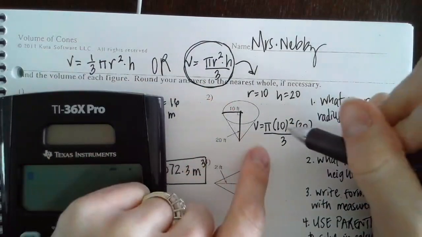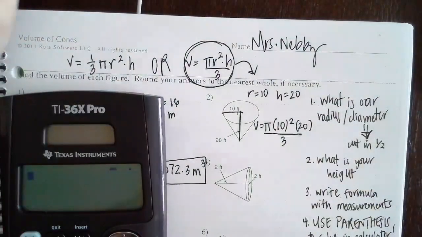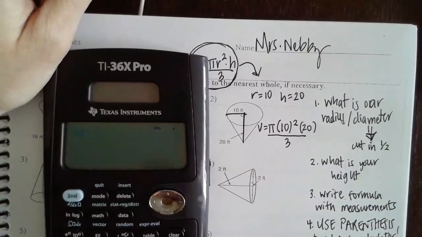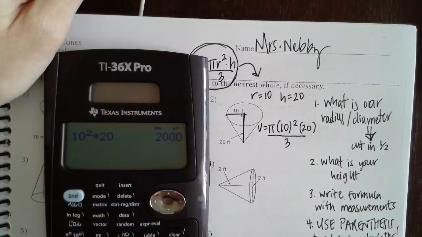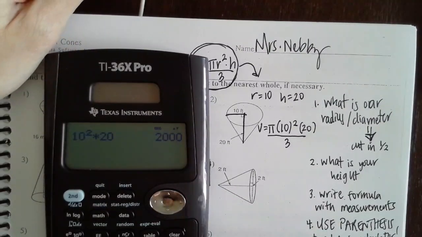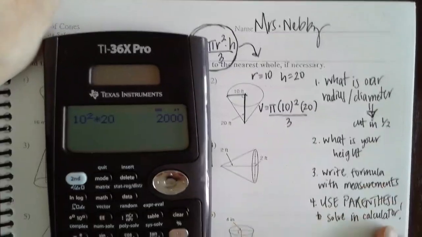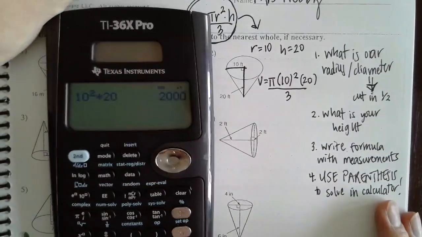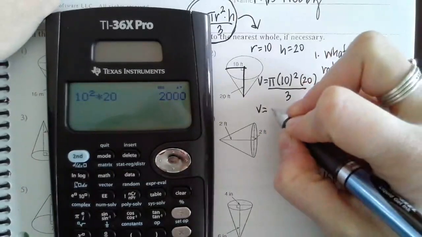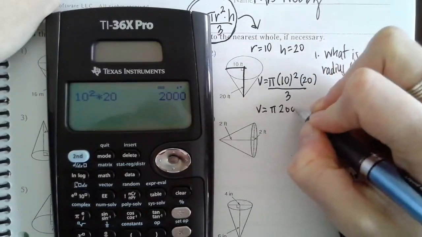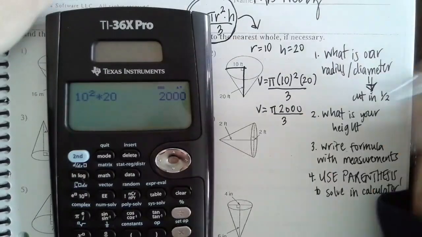So now we're just going to do the numbers on the top. So 10 squared is 100 times 20 is 2,000. If you're worried about your mental math, then go ahead and use your calculator. So we have a volume of pi 2,000 over 3.